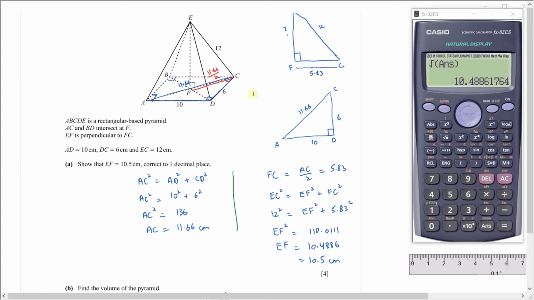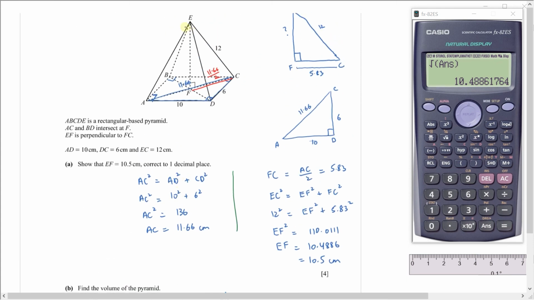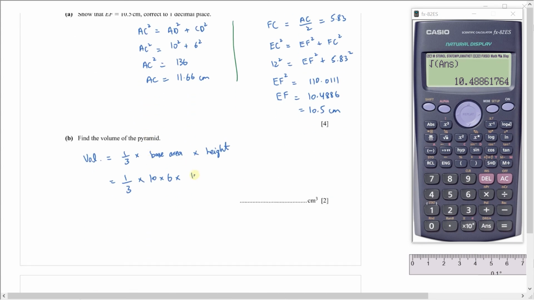So 10 times 6, multiplied by the height of this pyramid, which is this height EF that we calculated and showed that this is 10.5. So I will multiply this by 10.5. So 1 over 3 multiplied by 10 multiplied by 6 multiplied by 10.5. So this is 210 centimeter cube, the volume of this pyramid.